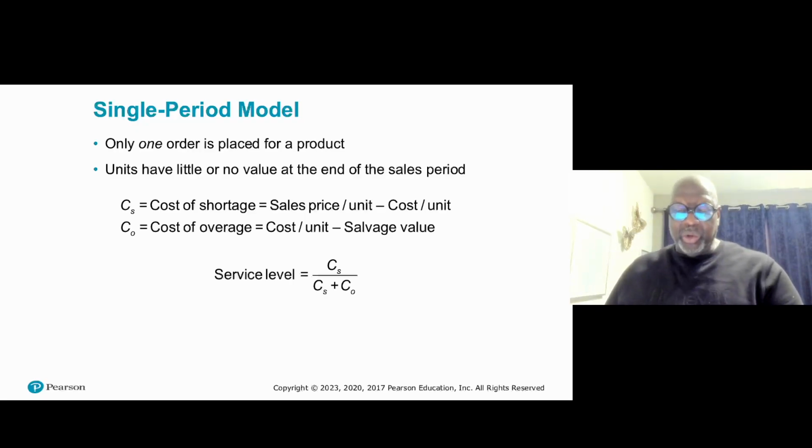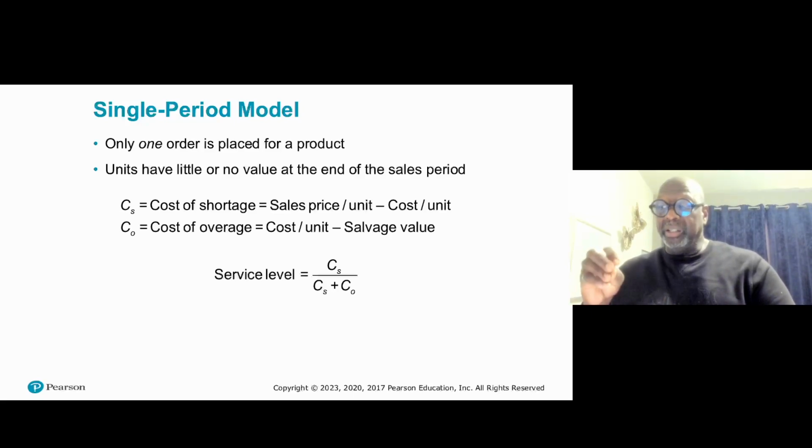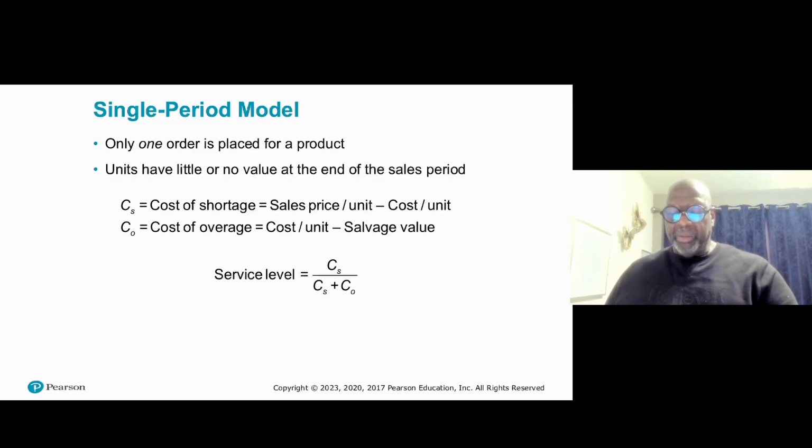So we have two cost items that we consider. One is the cost of a shortage, which you could set to the value of the profit that you've lost. So it's like an opportunity cost. And then the cost of overage, which has to do with not selling the item.